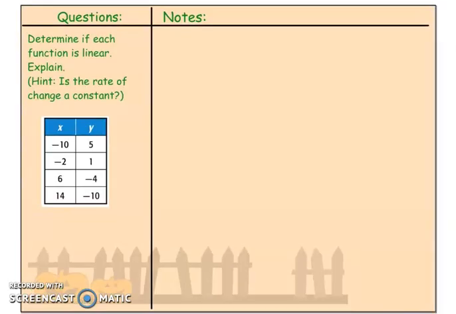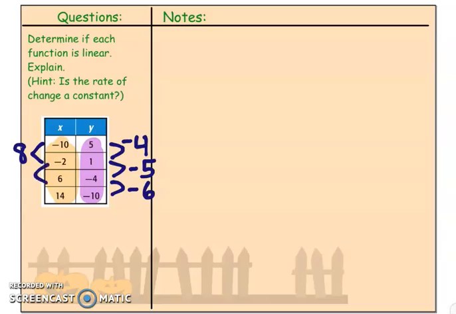Okay, our next one, this one you might find to be a little bit harder to figure out. So looking at these values, it went from 5 to 1, so it's going down 4. Then it went from 1 to negative 4, that's down 5. And negative 4 to negative 10 is down 6. You could use a number line to help you, or you could subtract them to figure out how much they're changing. Then over here, negative 10 to negative 2 is actually going up 8. It's getting closer to 0.